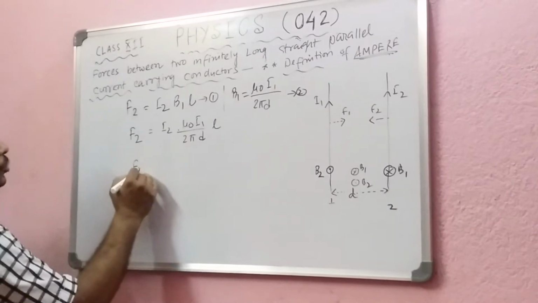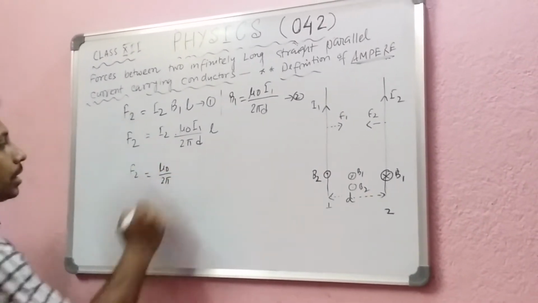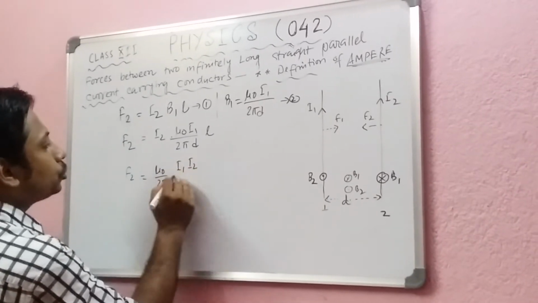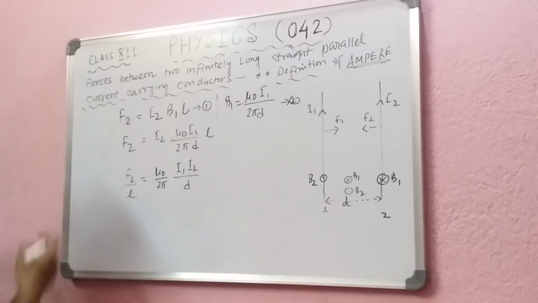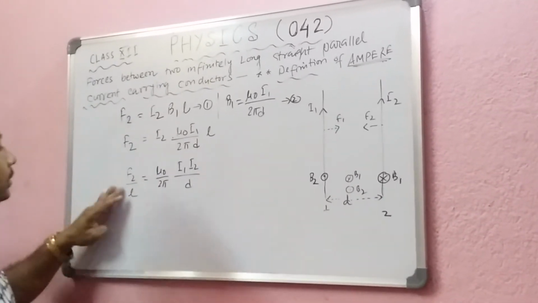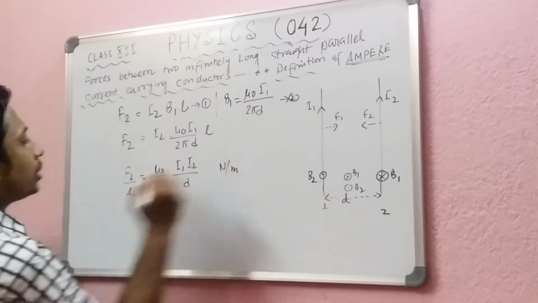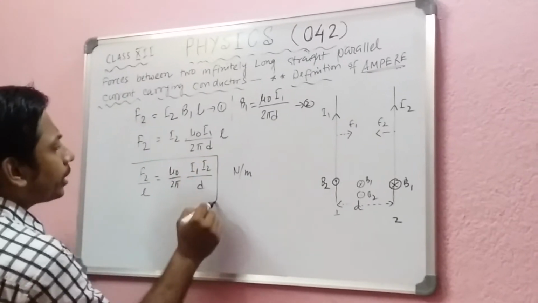Okay. So F2 equal to mu 0 by 2 pi I1 into I2 by d, and we can divide by L so as to get the force per unit length. This is Newton per meter. Okay, students. So this is a very important question.